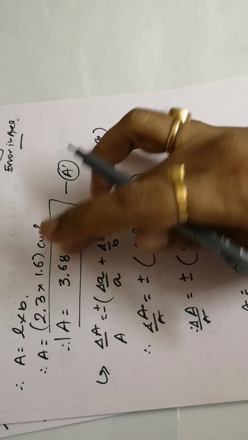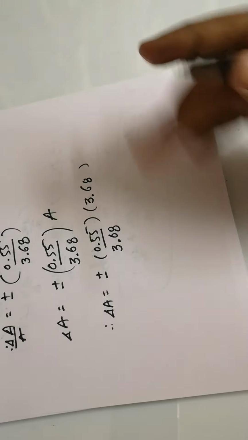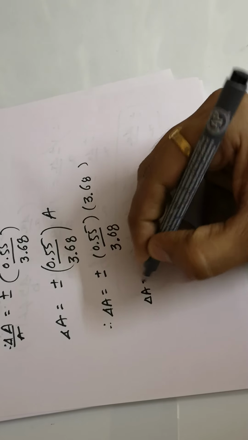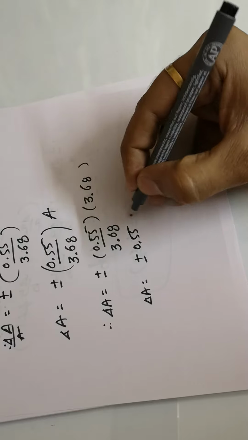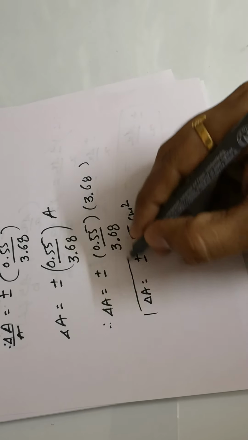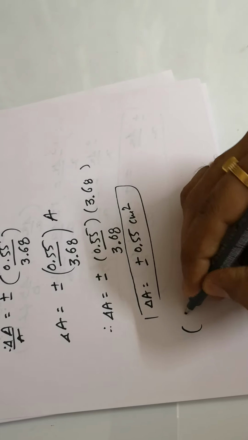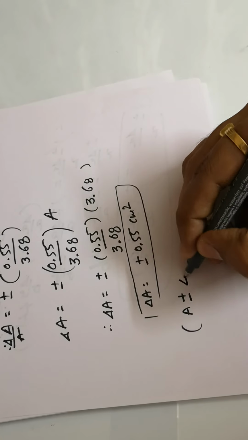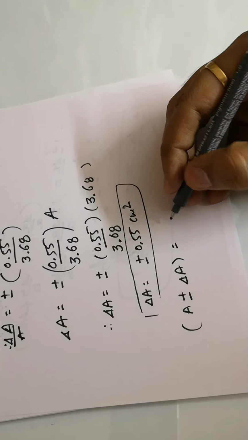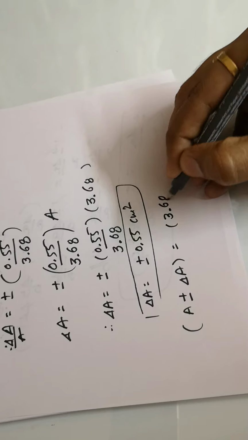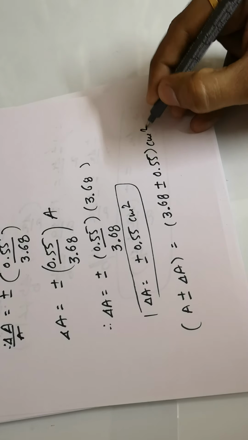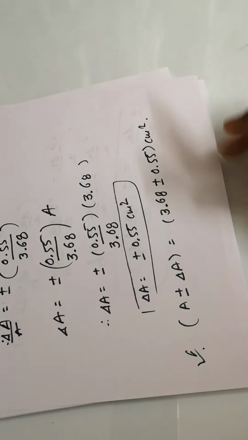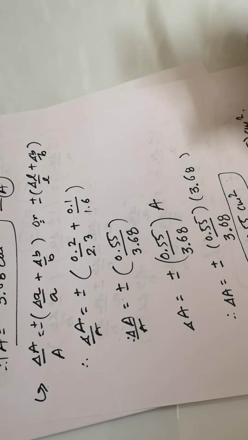You can see over here, I got that delta A equals plus or minus 0.55 centimeter square. In descriptive form, A is 3.68 plus or minus 0.55 centimeter square. This is how you can calculate using the multiplication rule.